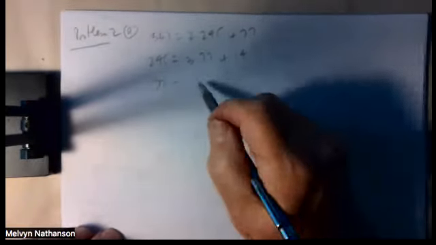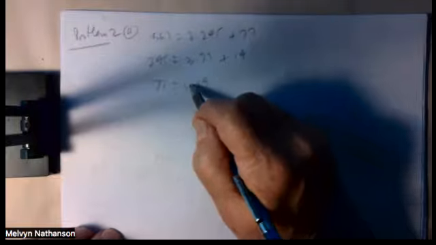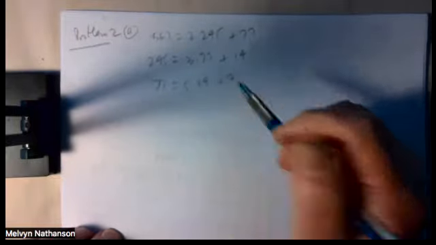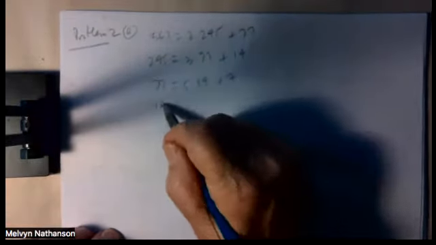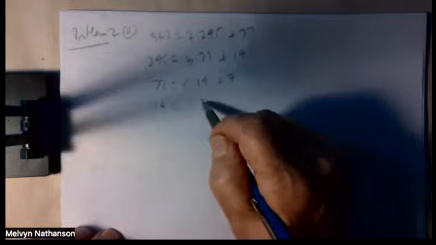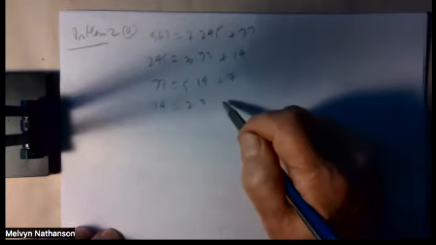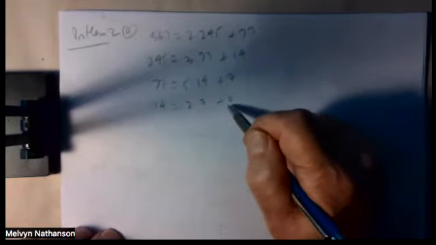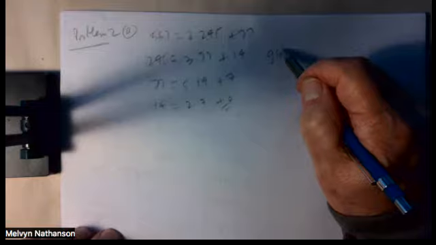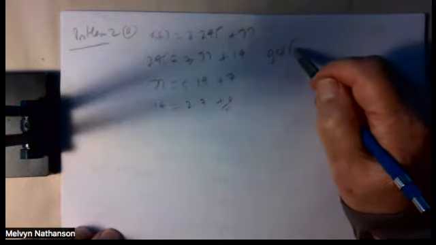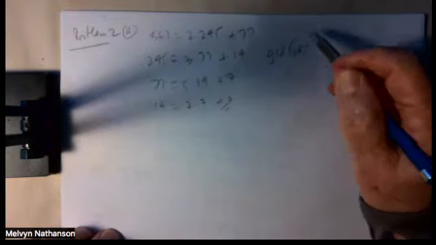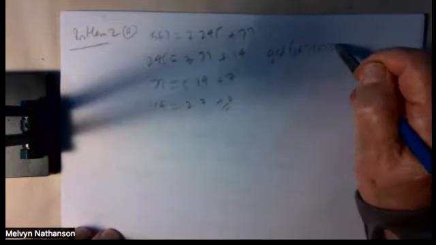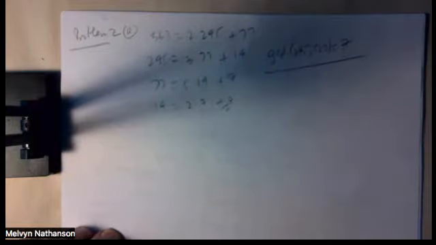If you take 77 and divide it by 14, that goes in 5 times and leaves a remainder of 7. And if you take 14 and divide it by 7, that goes in 2 times and leaves a remainder of 0. So the GCD of 245 and 567 is 7.